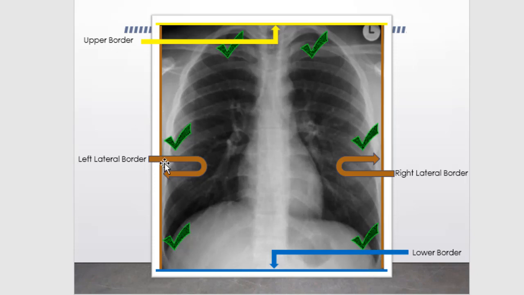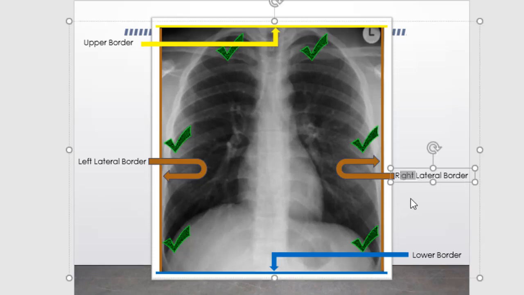Now the lateral border. When you talk about the lateral border, make sure you evaluate both laterals. This is the left part of the patient, but we are referring to our side. The border is based on our side, while the anatomy is based on the patient's side. The border is at our right lateral, which by patient anatomy is the left side. So don't get confused there.